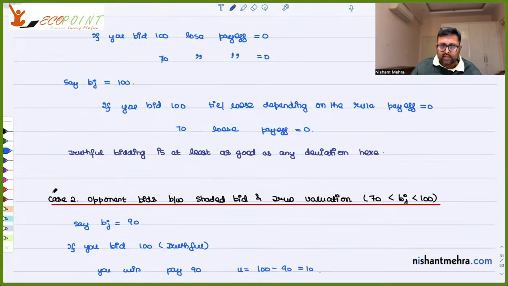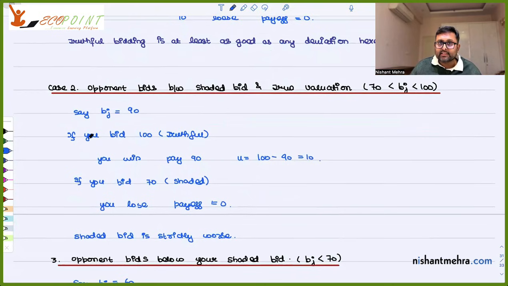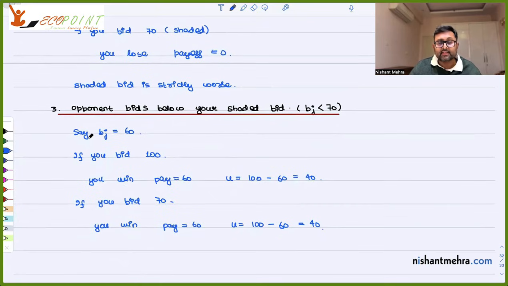So think about it this way. In the first case, whether you do truthful bidding or shaded bidding, your payoff is the same, which is 0. In the second case, your payoff is strictly higher when you do truthful bidding. In the third case, whether you do truthful or shaded bidding, your payoff is the same.